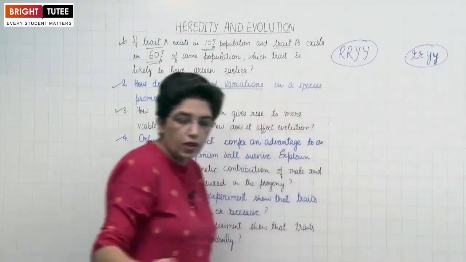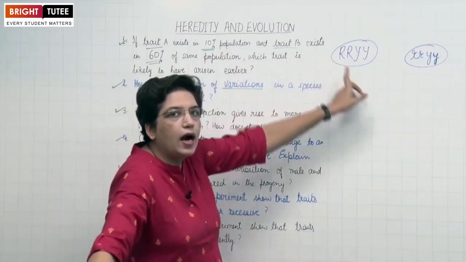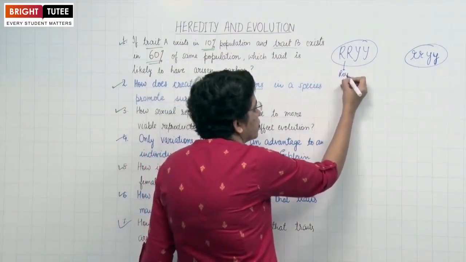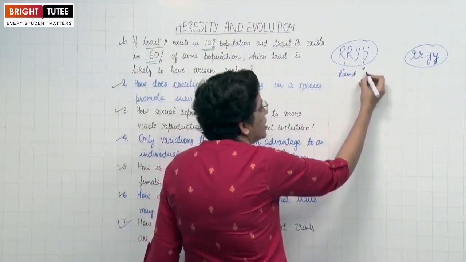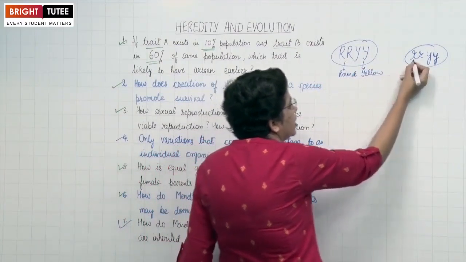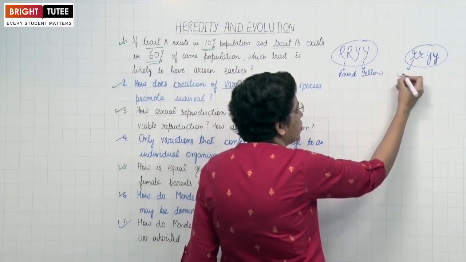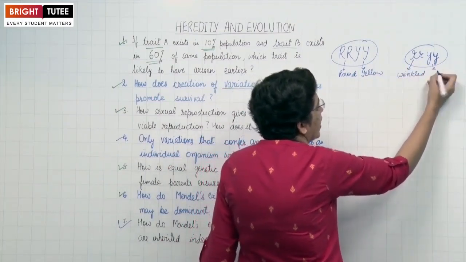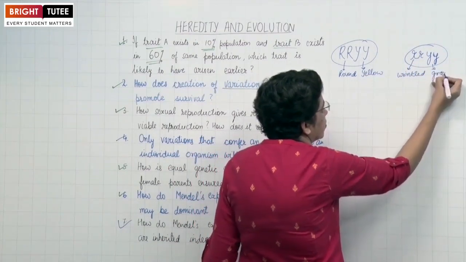Capital R means the seeds are round, while Y represents yellow colored seeds. On the other hand, small r represents wrinkled seeds and small y is green seeds.